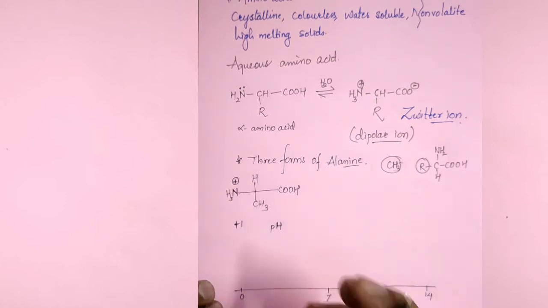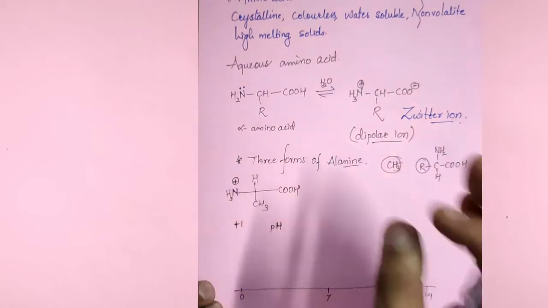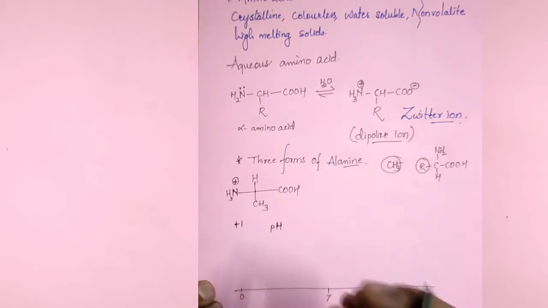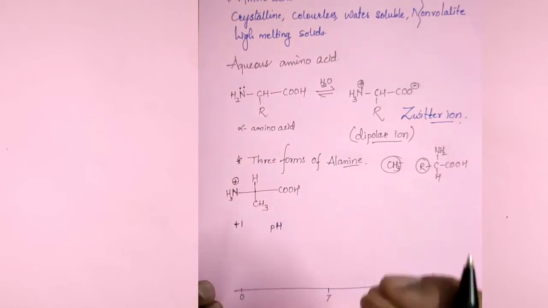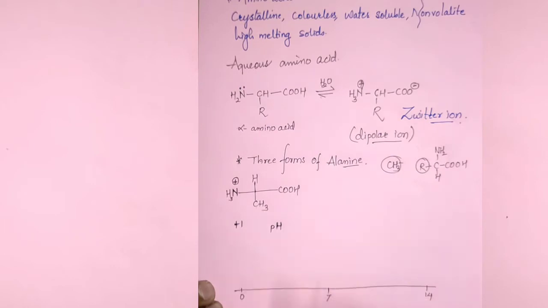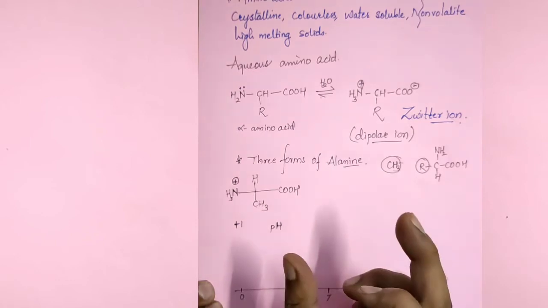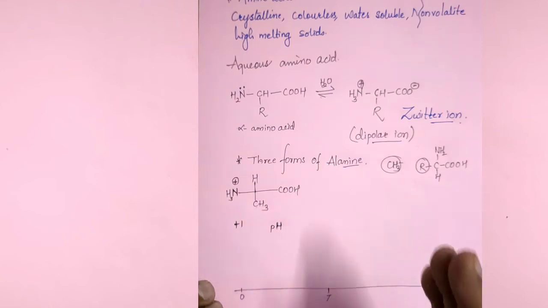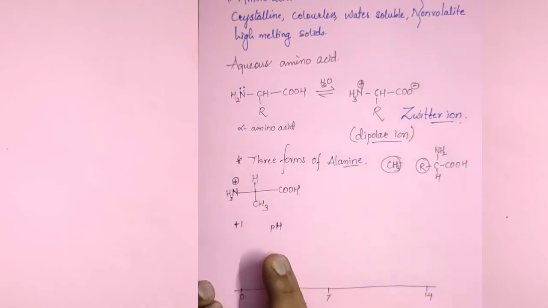If the hydrogen ion concentration is more in the solution, then it is said to be acidic in nature. The pH will range from 0 to 7. If the pH is exactly 7, the compound will be neutral. If the pH is less than 7, the compound will be acidic. If the pH is more than 7, the compound is basic.